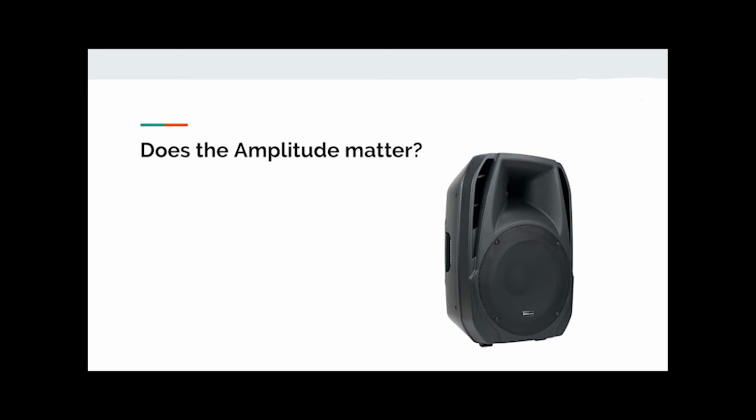Now that we know that frequency is an important piece into shattering a crystal wine glass, what about volume? Does the volume of your voice, or in other words, the amplitude of the waves that you create with your vocal cords, matter?